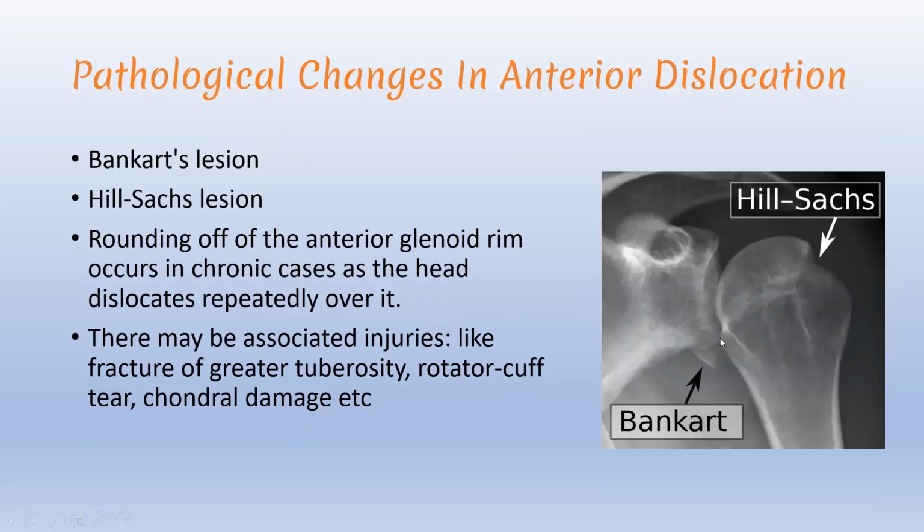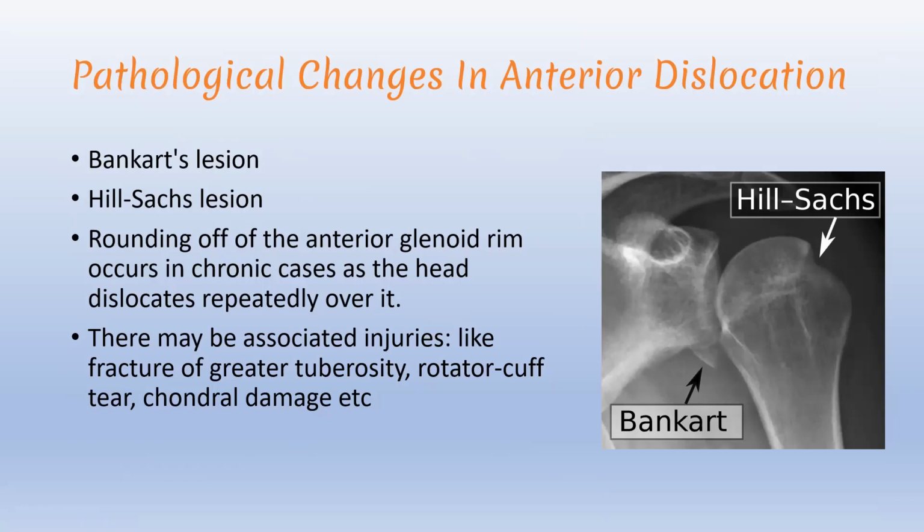So this is the subglenoid space, and the scapular neck is behind this. If the tear is accompanied by a fracture of the bone of the glenoid rim, then that one is known as bony Bankart lesion. So the chipping of the glenoid labrum is known as Bankart's lesion, and if some amount of bone of the glenoid rim also comes out, then that is known as bony Bankart's lesion.